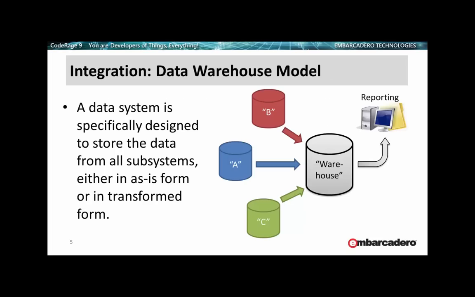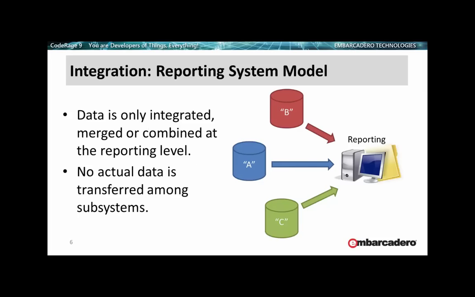In the data warehouse model, a data system is specifically designed to store the data from all subsystems, either in as-is form or in transformed form. In the reporting system model, the data is only integrated, merged, or combined at the reporting level. So no actual data is transferred among subsystems.